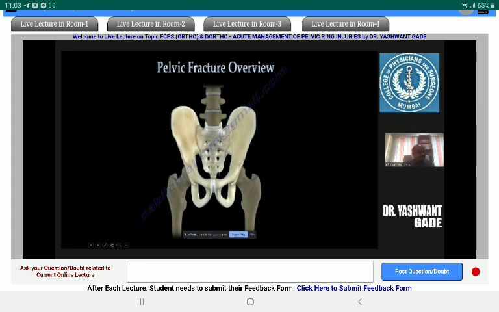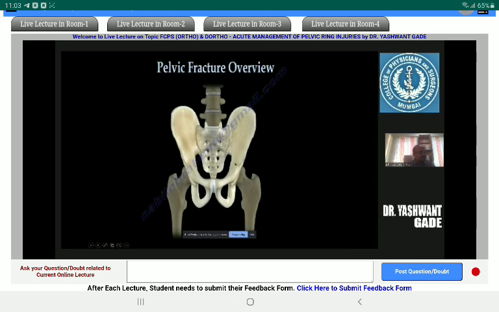And the lesser pelvis, which is also called the true pelvis, has bony walls from all the sides. Now the lesser pelvis contains urinary bladder and rectum in both the sexes. It contains prostate, seminal vesicles, vas deferens in males, and it contains uterus, fallopian tubes, and ovaries in females.